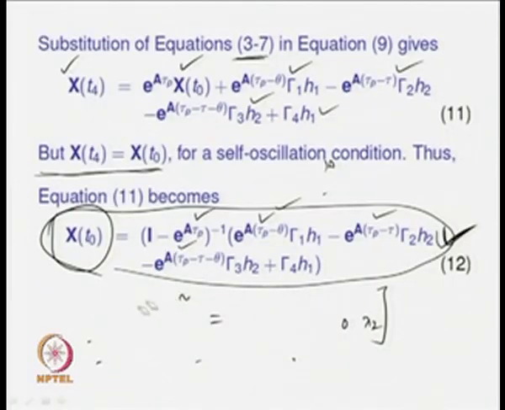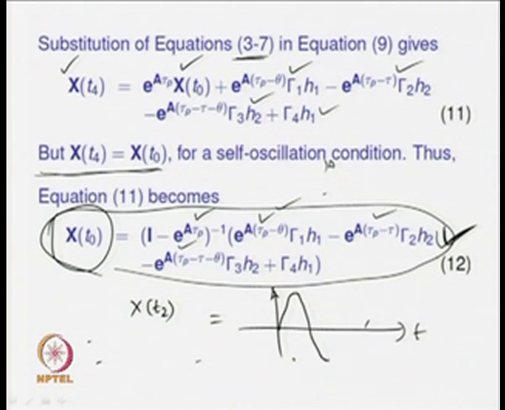Now, we will try to find another expression for x(t2), involving x(t0) and x(t2). As you see, the output waveform assumes this form, and we have the time instants t0, t2 and t4. Now, the output at time t0 is 0, that is y(t0) is equal to 0. We have a zero crossing at time t equal to t0. Similarly, at time t equal to t2, the output y(t2) is 0.